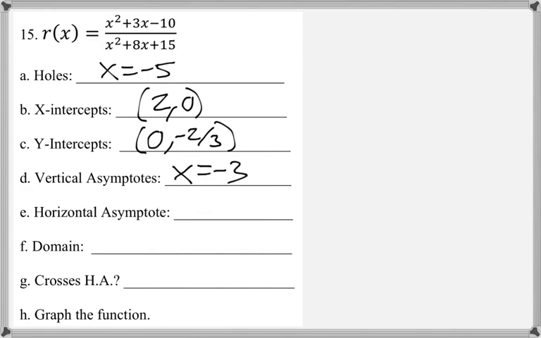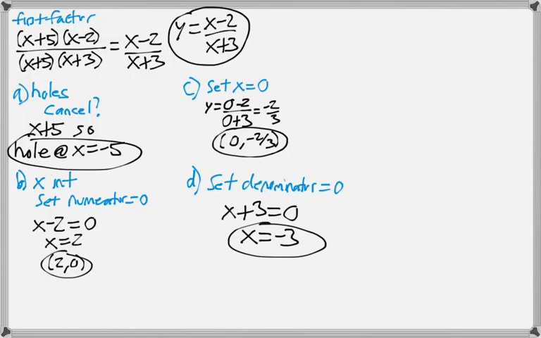Next up is horizontal asymptote. To do that, I want to compare the degree. So if I'm referring to this one, these have the same degree.